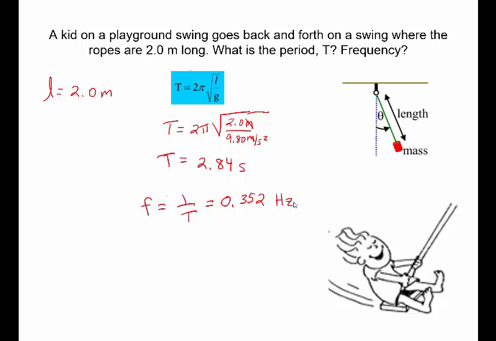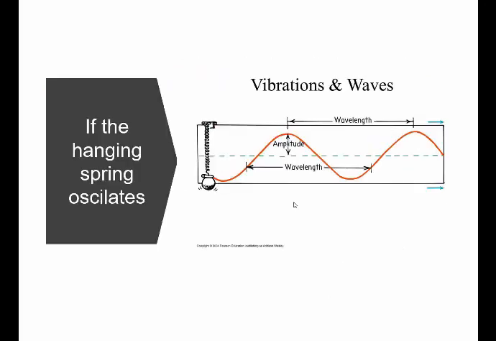And that's it. That's all we have to do. So the longer the rope of our swing, the larger the period. That actually makes sense, right? We've all been on swings. So here we have another application of something that seems very familiar.